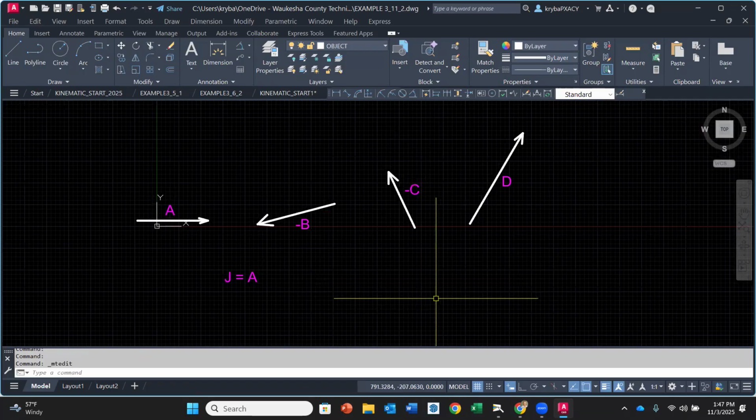Now I'm going to put in my equation. I kind of started it down here.